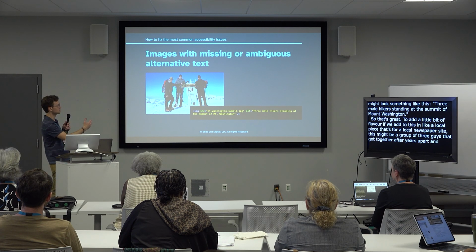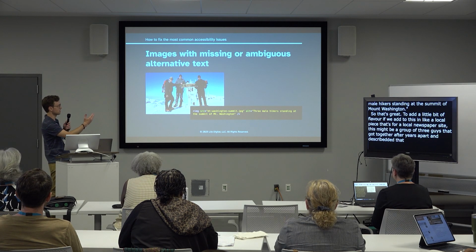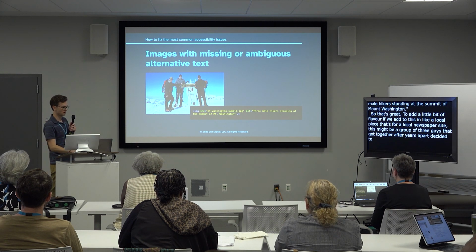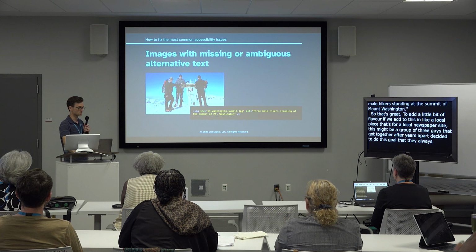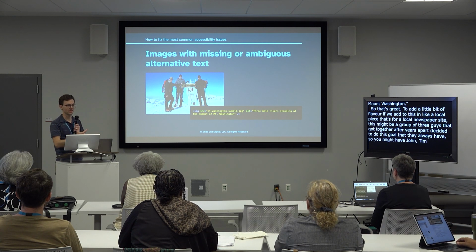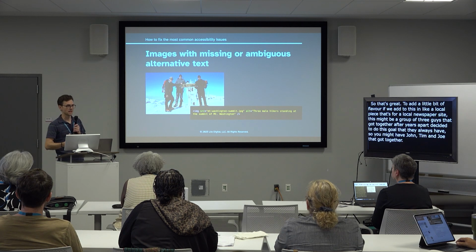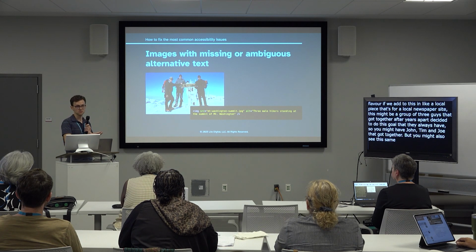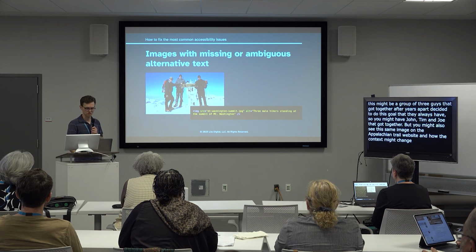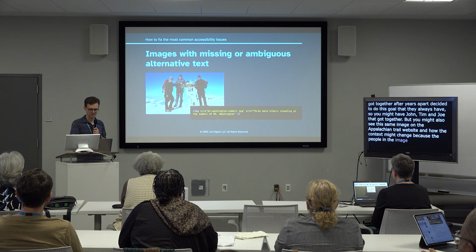So you might have Tom, Phil, and Joe climbing Mount Washington in 2025 because that might be relevant to that article. But we can also imagine this same image appearing on the Appalachian Trail website and how the context of that might change because the people in the image aren't so much the subject as it is the location. So making sure to describe that in the right context could be helpful.